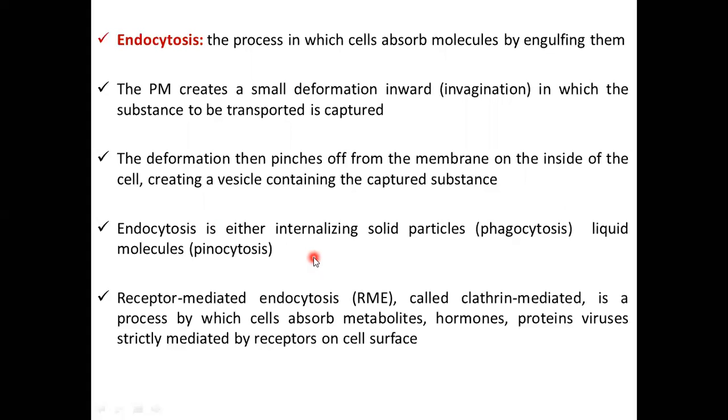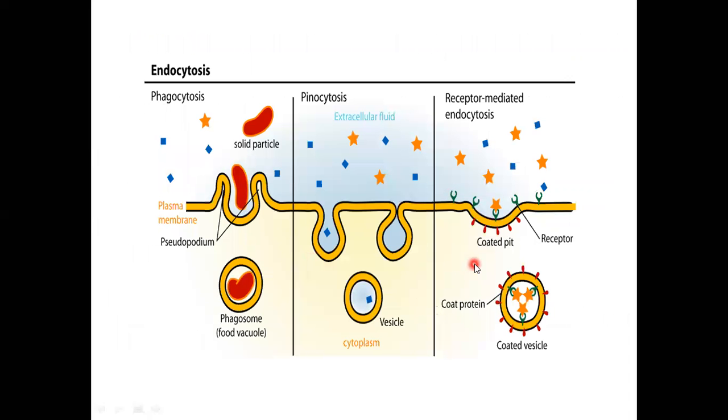Next we will discuss endocytosis, in which phagocytosis, pinocytosis, and receptor-mediated endocytosis are given. You can see we already discussed phagocytosis; this is the plasma membrane.